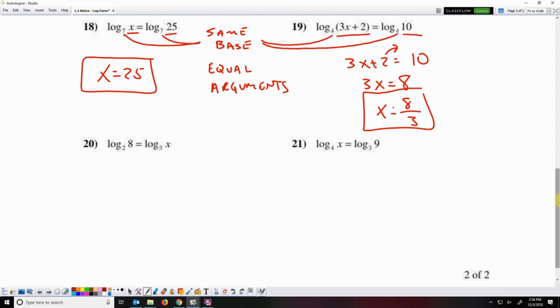And my last two equations, now I have different bases. Okay? So I'm going to split these up. Log base 2 of 8 equals some number. And since log base 2 of 8 and log base 3 of x equal each other, they both equal the same number.